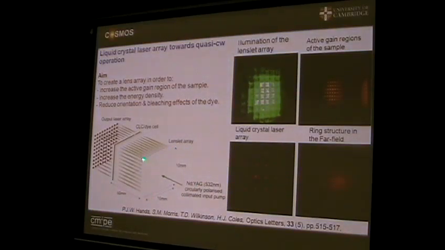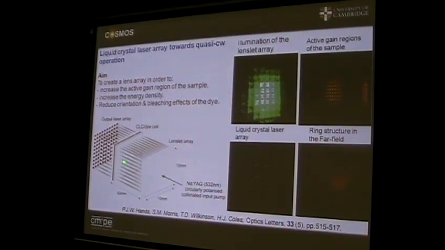We have an array of micro lenses, and each of those micro lenses focuses down to one part of the laser. So now I've got 12 by 12 dots, 144 separate lasers. I pump and excite the larger area, but locally I excite the 50 micron, 100 micron spots.